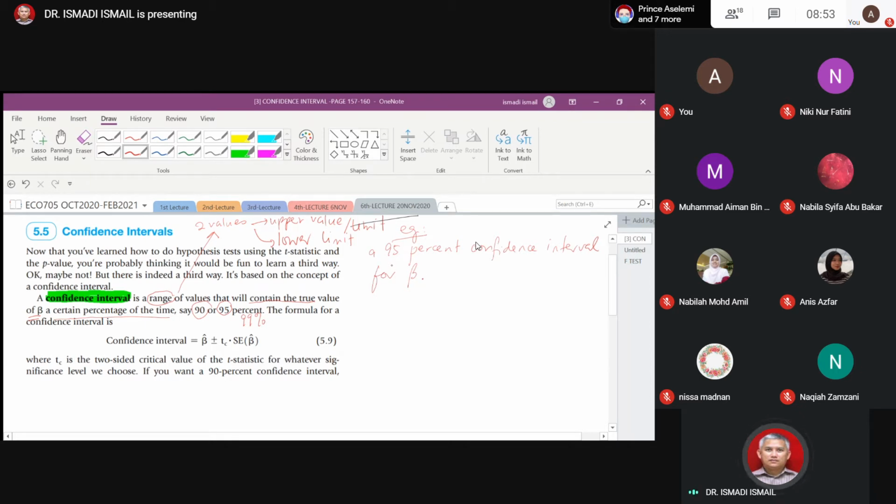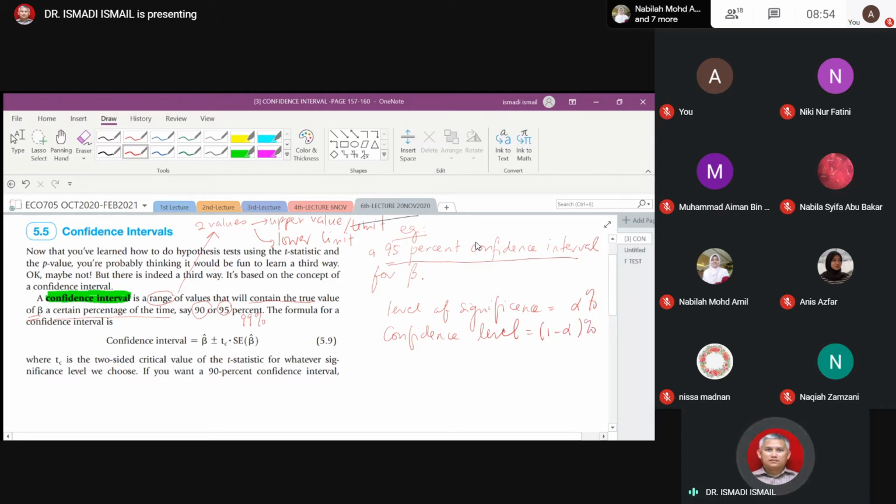So what is meant by a 95% confidence interval here? If you are given a level of significance of alpha percent, the confidence level is 1 minus alpha percent.